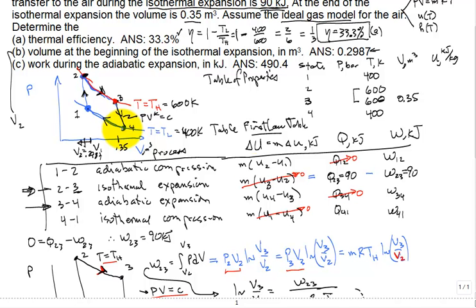So what do we do? I can look up the changes in the specific internal energy, or I can calculate the specific internal energy going to table A22 in our textbook. So U is only a function of temperature, and we go to the table and we can find U at a temperature of 400 is 286.16. And then U at a temperature of 600 is 434.78. And then back to 400 is 289.16.